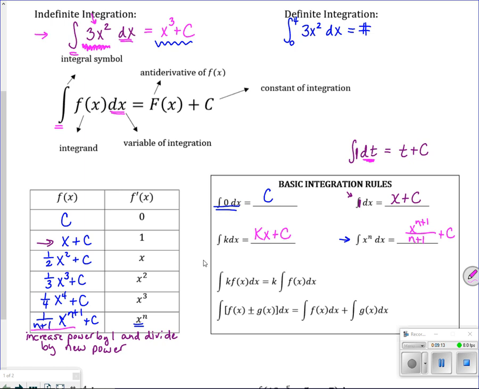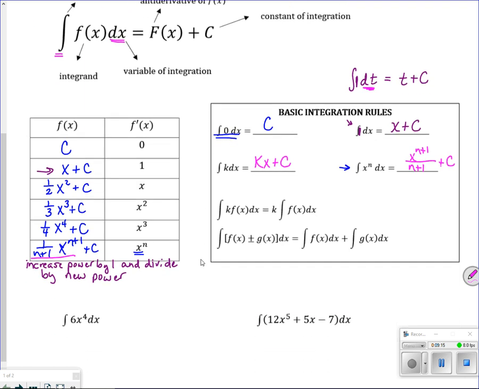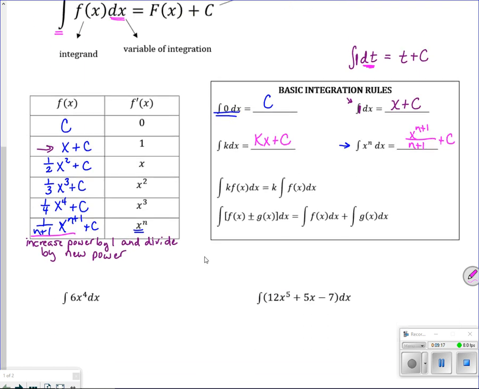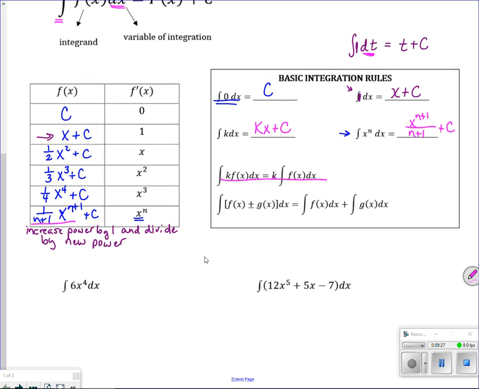Now, as we go through the more complicated examples, we're going to use this property as well. For this first one, it's saying that you can take this 6 out. You're not going to actually write this because you're going to do it all in one step, but it's saying that I can pull a 6 outside of the integral. I can take constants out.